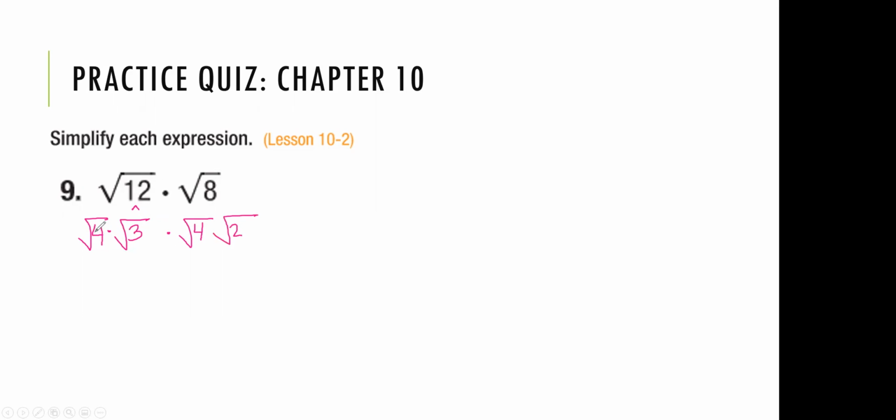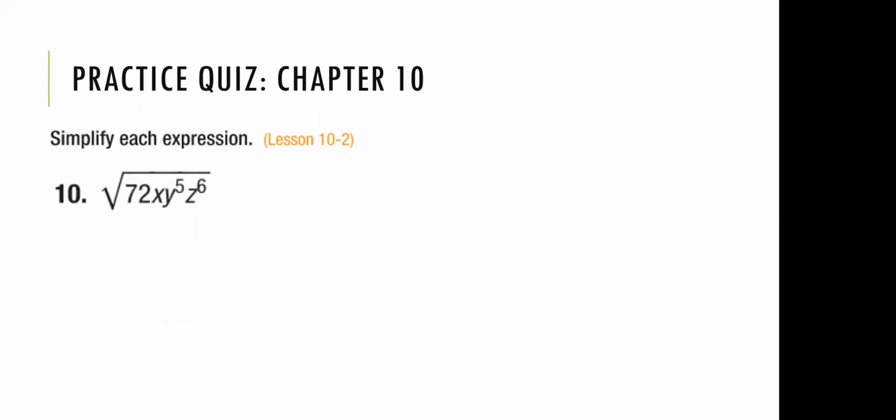The square root of 4 is 2, and again the square root of 4 is 2. So we multiply what's in front of the radical: 2 times 2 is 4. Then multiply what's underneath the radical: 3 times 2 is 6. So this is 4 times radical 6.